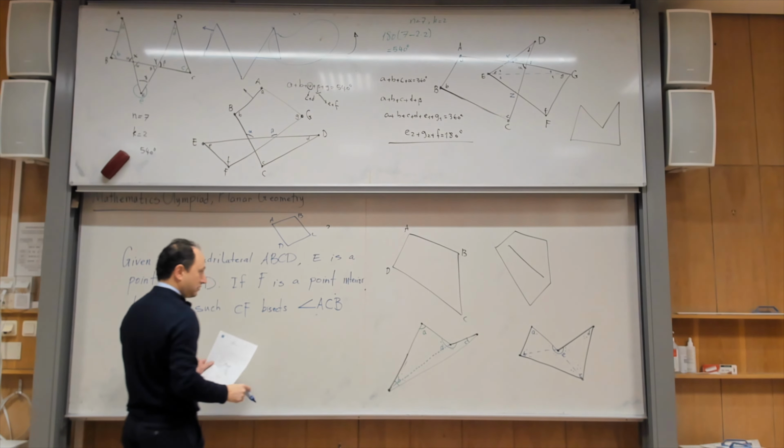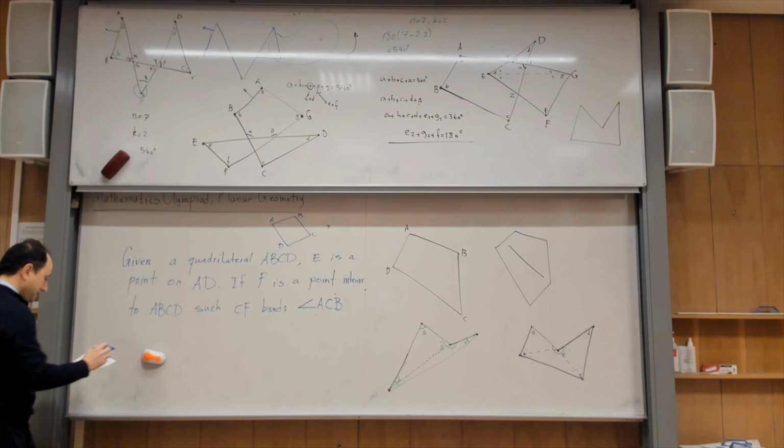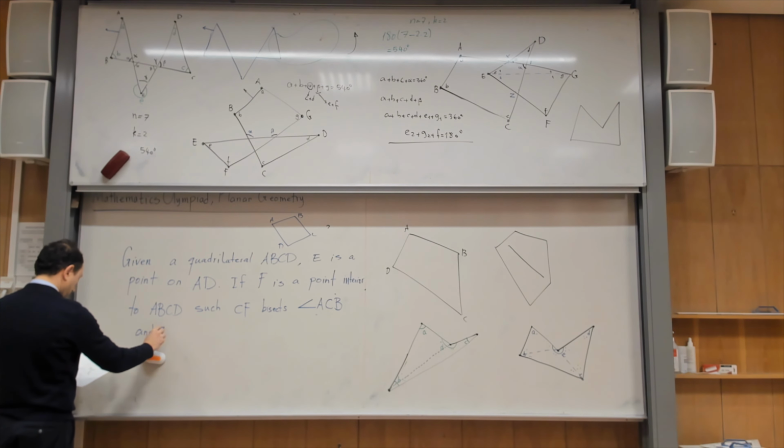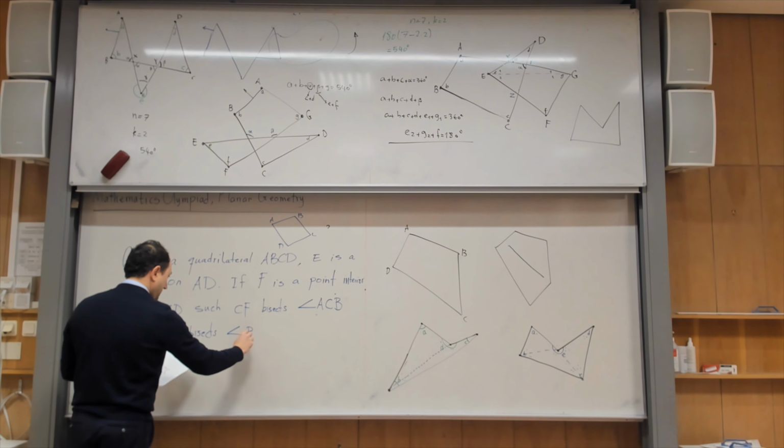I am using a standard convention, so C is the vertex, the middle one, and EF bisects angle BED.